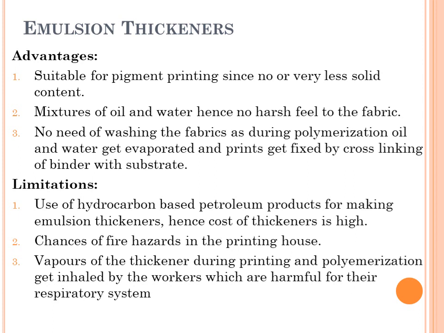Since the temperature is 135 to 150 degrees Celsius, this gets evaporated. So no solid matter is left at the printed portion, which gives proper chance to the binder film for its cross-linking with the textile substrate. Second advantage is a mixture of oil and water, hence no harsh feel to the fabric. As this gets evaporated, no harsh feel is imparted to the fabric.